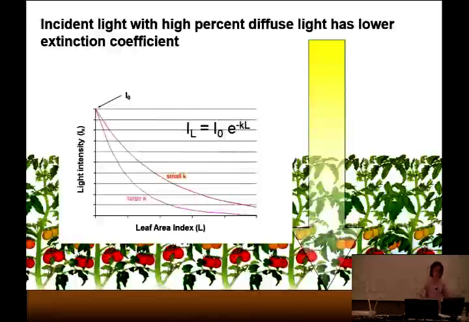Because the internal canopy can receive more light, the extinction coefficient should be small.